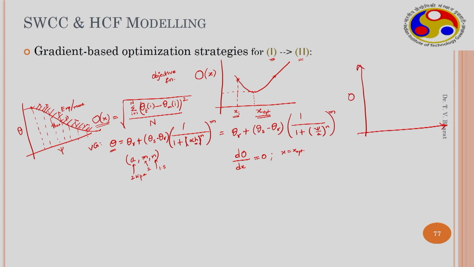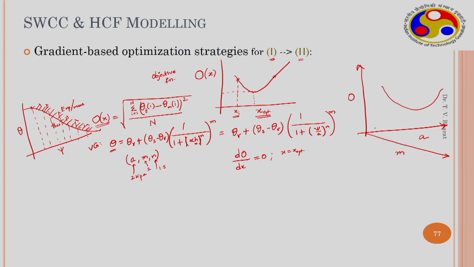In the case I was discussing, you have the objective function with respect to, say, a on one axis and m on another axis, and if m and n are related by a restraint condition, you have a 3-dimensional functional form. There is one particular set of model parameters A and M where the objective function is lowest, or minimum.